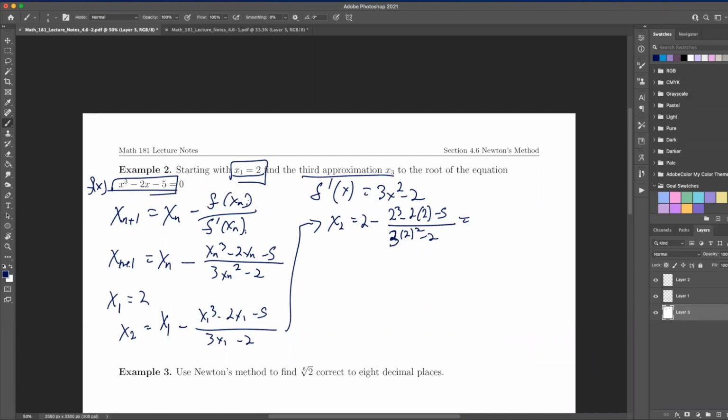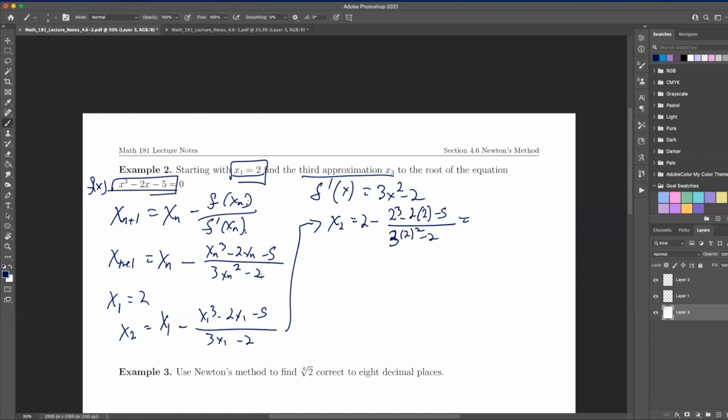So just plug in 2 everywhere you see the x1, right? Because it gives you the initial approximation. So you just plug 2 in everywhere you see x1. Then why is it squared underneath? Oh, so what's on top is our function. So it's x cubed minus 2x minus 5. And on the bottom, we have our derivative. So it's 3x squared minus 2.